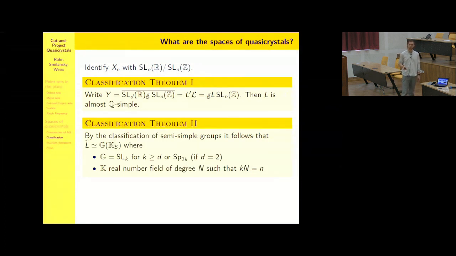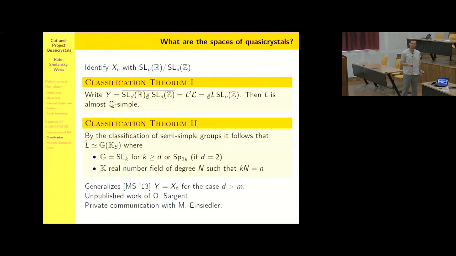And the restriction of scalars construction has to come from a real number field. So I plan to prove to you theorem 1. Theorem 2 is just the citation of well-known theorems.